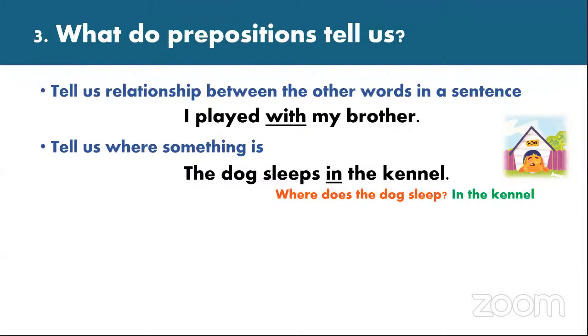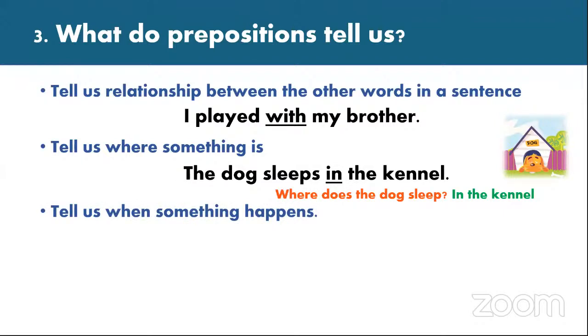So the sentence proves that the prepositions tell us where something is. Where is the dog? In the kennel. Next one.